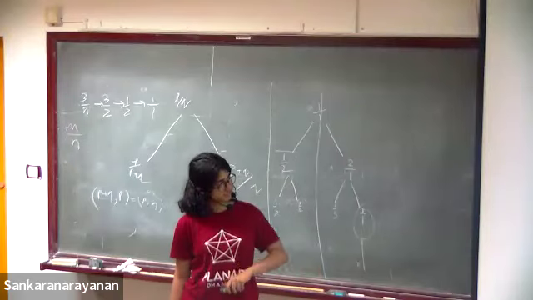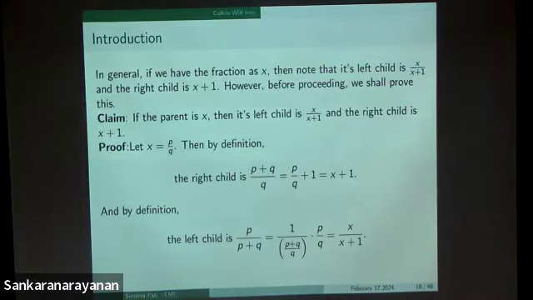Very basic claim, but notation. Whenever we are dealing with a graph, parent, left child, right child, binary. So there can't be 3 children.